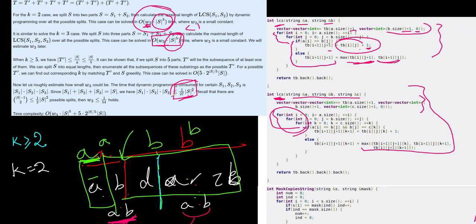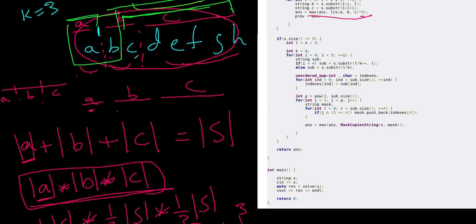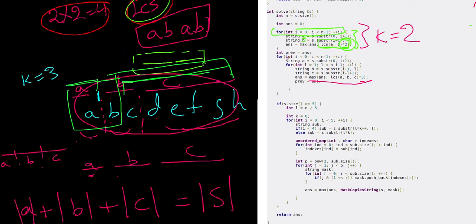Now this is the first part of this, 1/27 S to the power 5. The second part is, as we said, we are going to split the string into three parts. We will do that for all possible splittings, and here in the code we are doing it here.